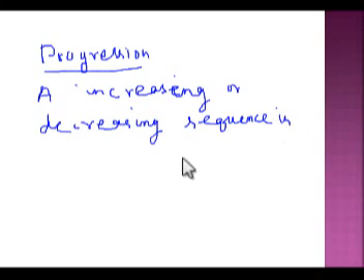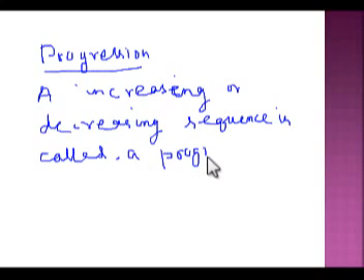It is called a progression, but you have to remember at the same time that any member can be obtained from another member.